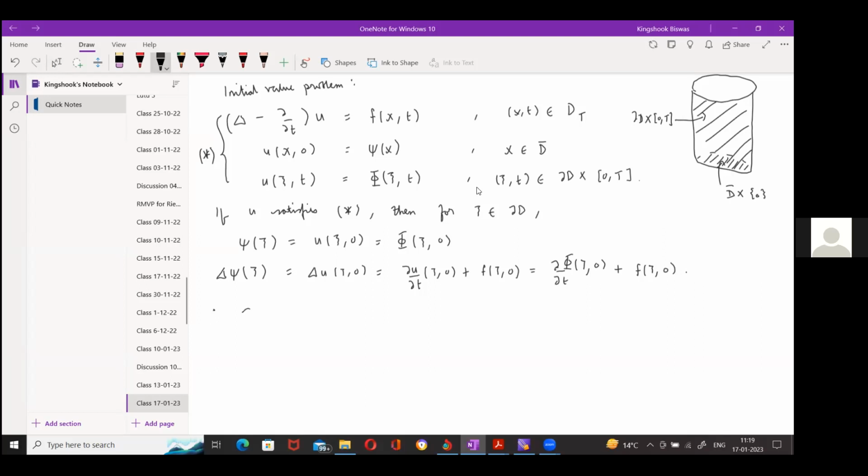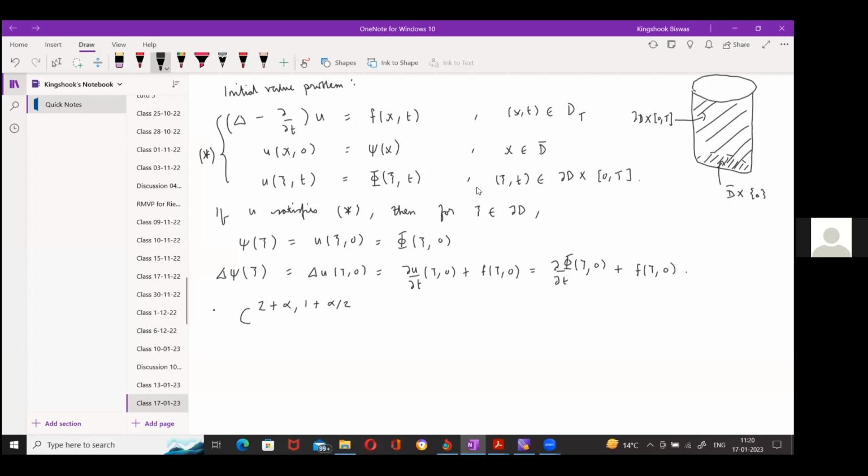So there's a Holder space C^{2+alpha, 1+alpha/2}. So essentially this means you have two continuous space derivatives which are alpha Holder. So all the space derivatives of order 2 are continuous and alpha Holder.